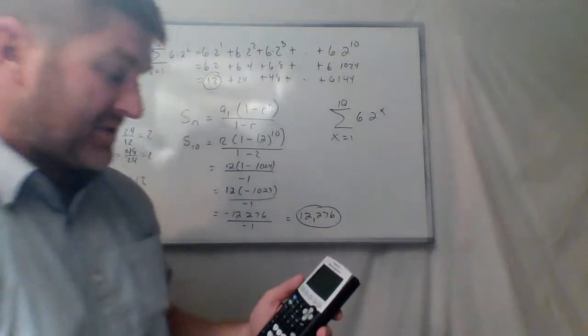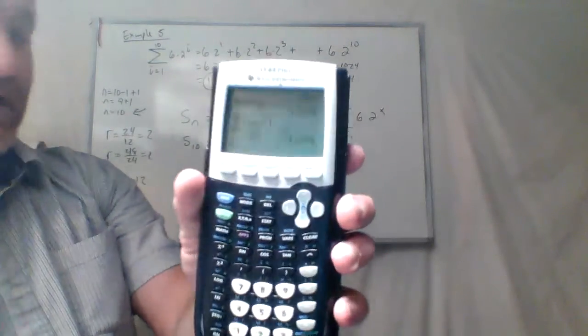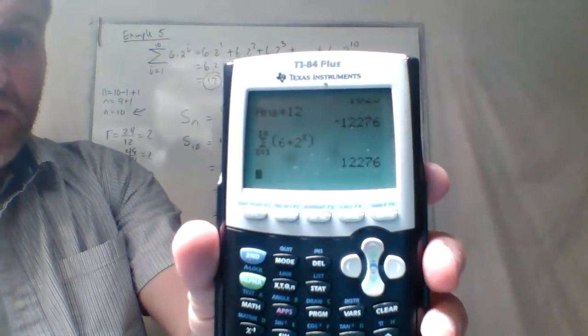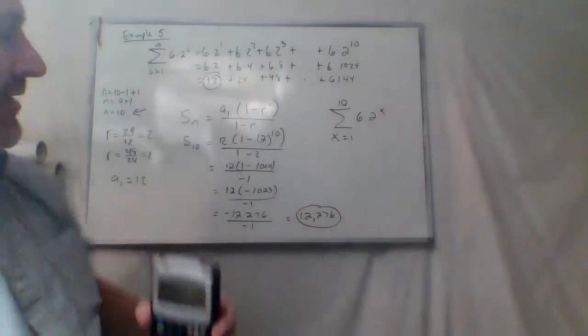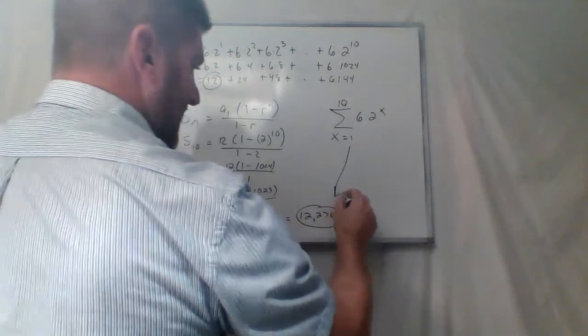And hopefully I didn't make a mistake, because when I enter, I get the same answer, well, not quite, because I didn't divide by negative 1 on the board here. I would get that answer there.